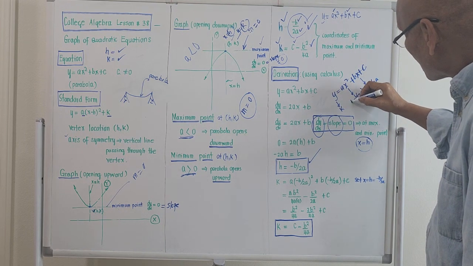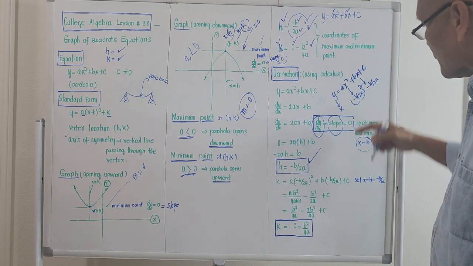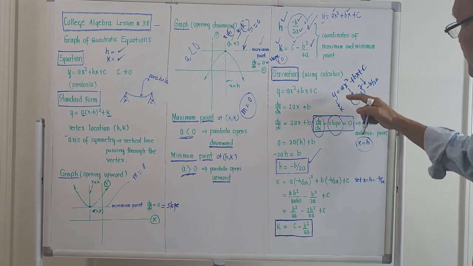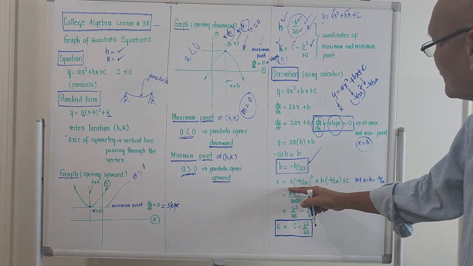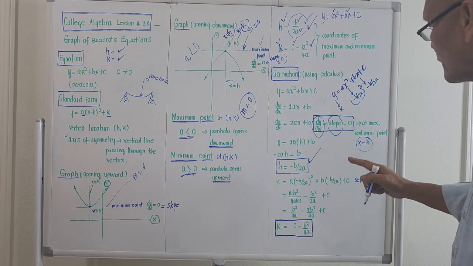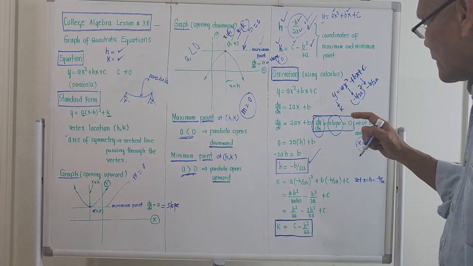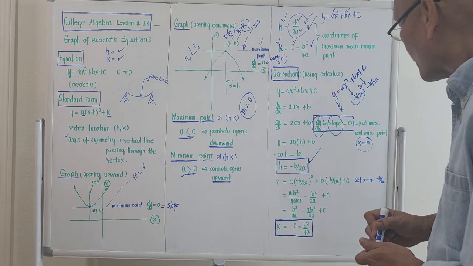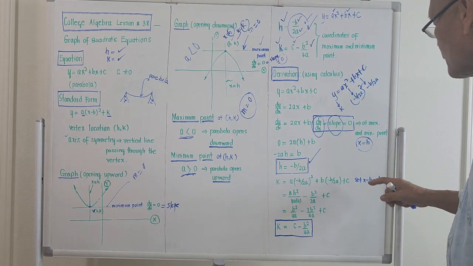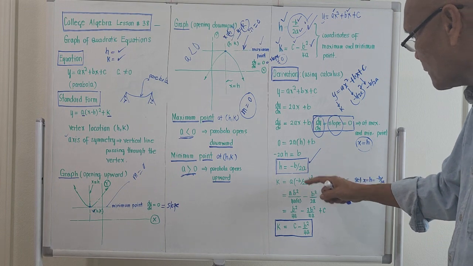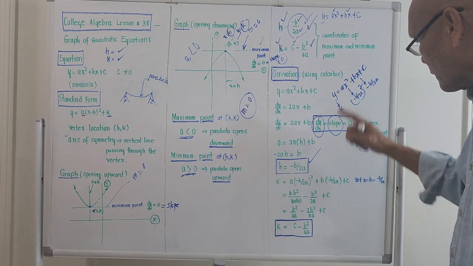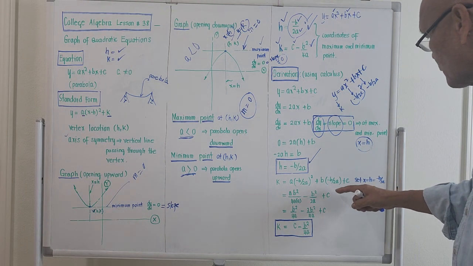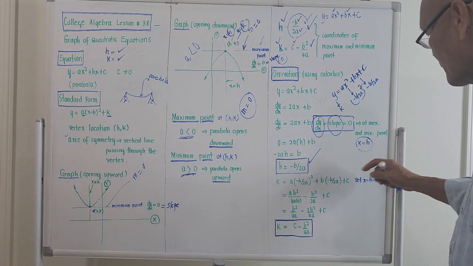Of course, you square this one because this is squared. So k will be equal to a times the value x, but at the maximum and minimum point the value of x is h, which is negative b over 2a, quantity squared, plus b multiplied by x, which is negative b over 2a, plus c.